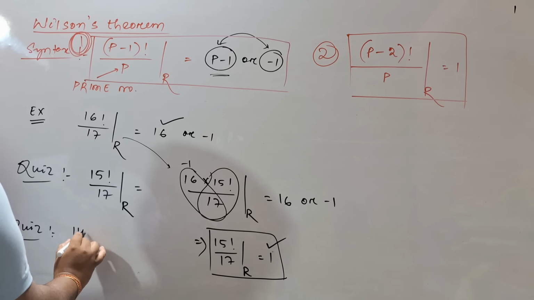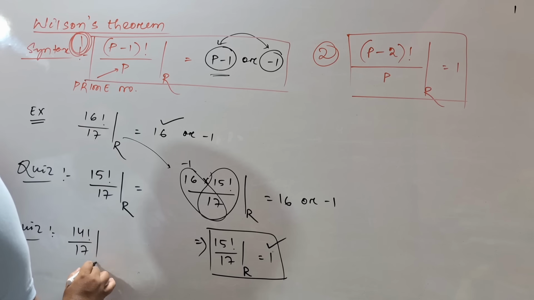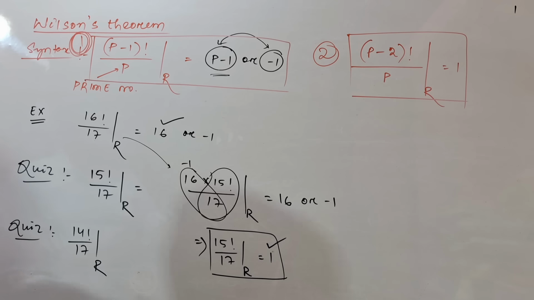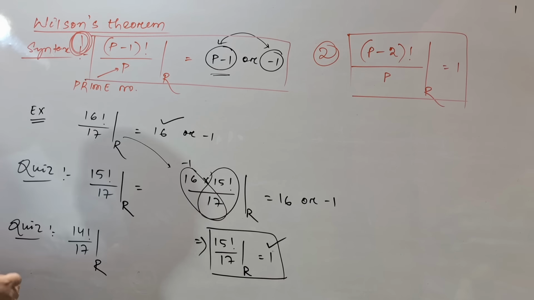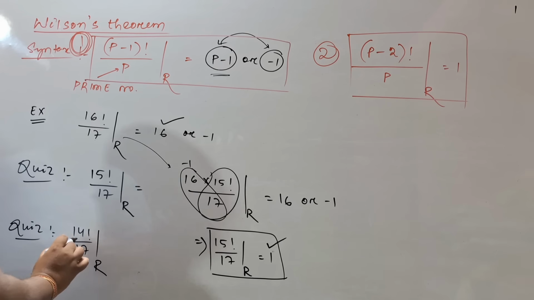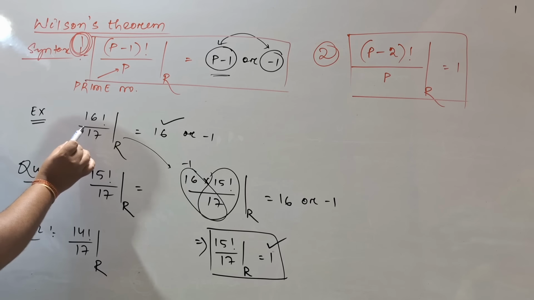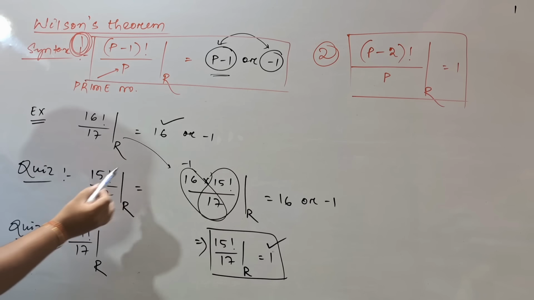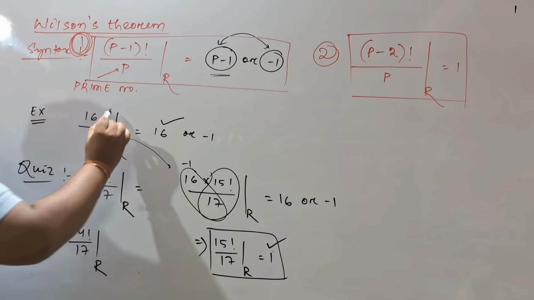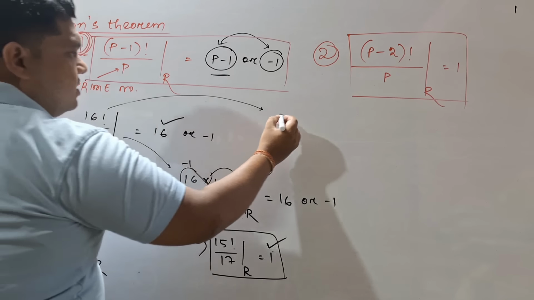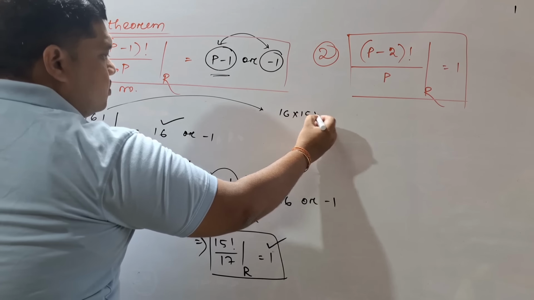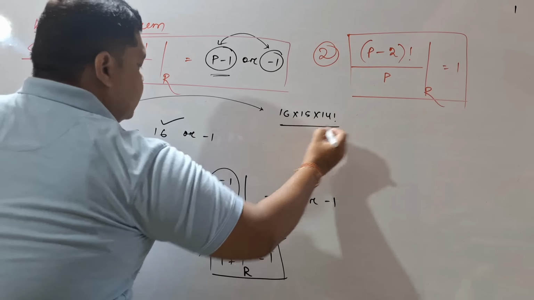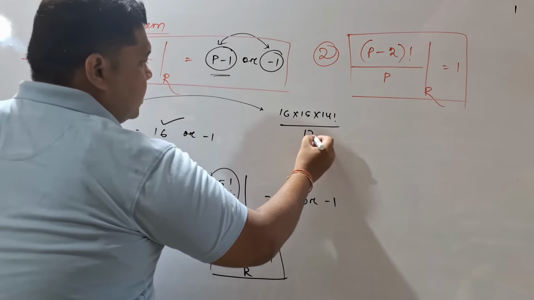This is a quiz. 14 factorial when it is divided by 17, find the remainder. 14 factorial I derive here. This can be written as 16 into 15 into 14 factorial, and when divided by 17 I find the remainder.